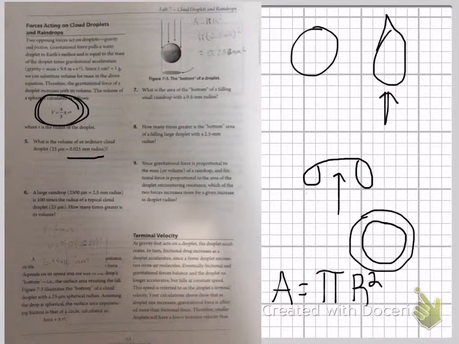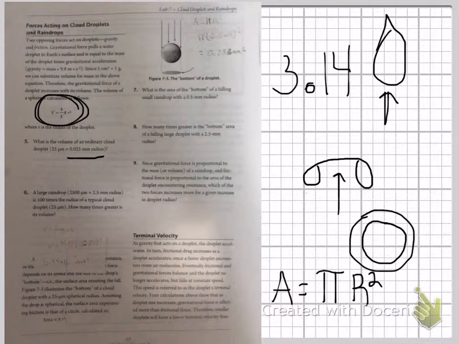Quickly as a note too, as you're working these problems, if for some reason your calculator doesn't have a pi button, you can always use 3.14 because that's pretty close to pi. It's not exactly pi, which is a longer number than that, but you can use that as a shorthand for pi.